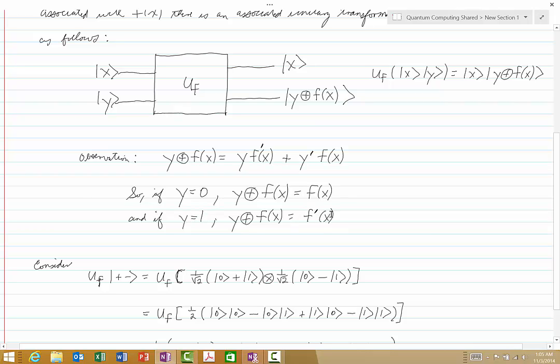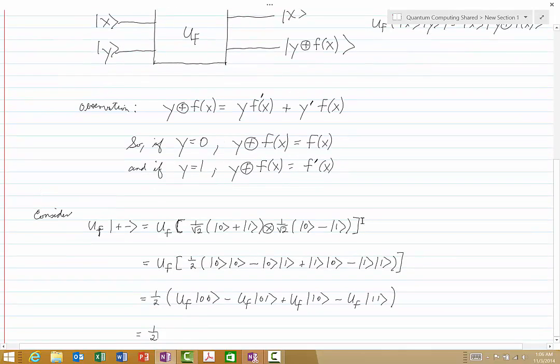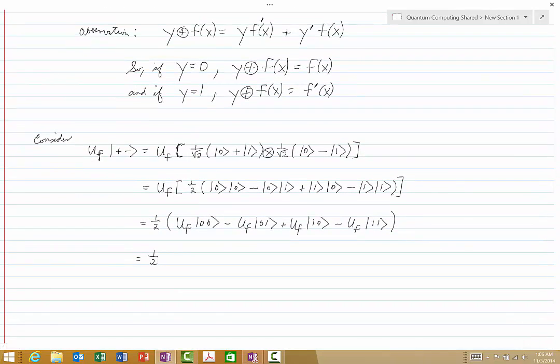And of course, let me make sure you understand that by f prime of x here, I don't mean the derivative of f by any means. I just mean, remember, this is a Boolean function, so it has a value of 0 or 1. So when f of x is 0, f prime of x is 1. When f of x is 1, f prime of x is 0. I just mean the complement of f of x.